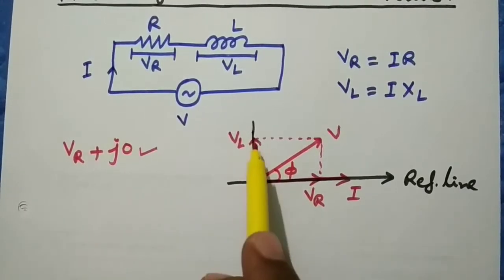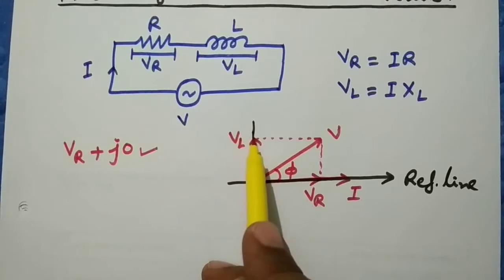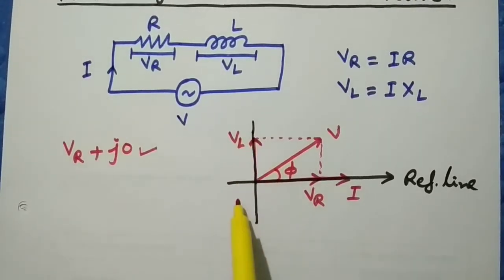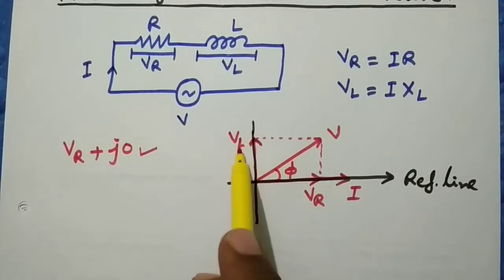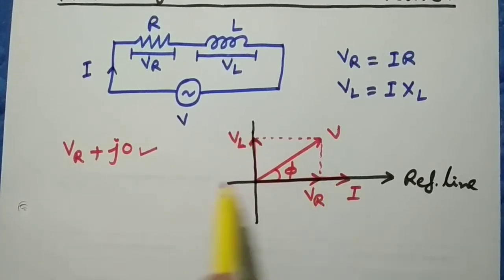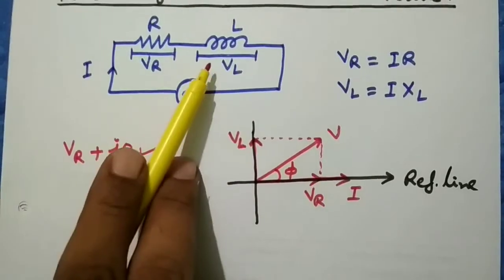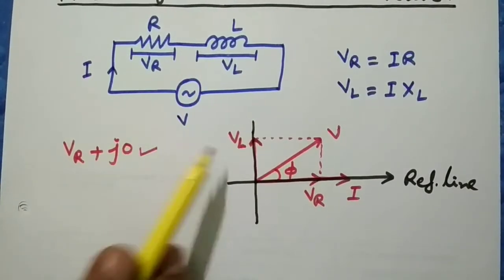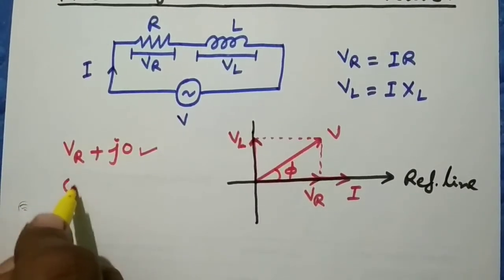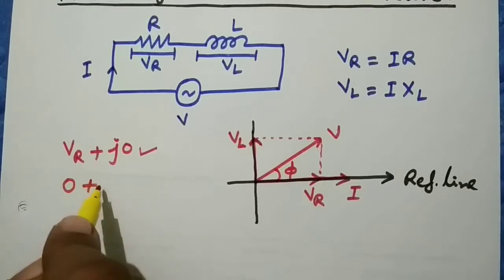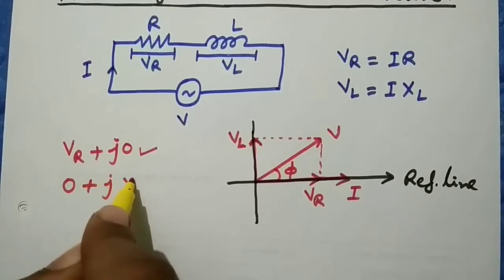Now the voltage drop across the inductance is VL and it is along the y-axis, and no component of VL will be in the x-axis. Therefore, the voltage drop across the inductance VL can be represented in complex notation as 0 plus jVL.